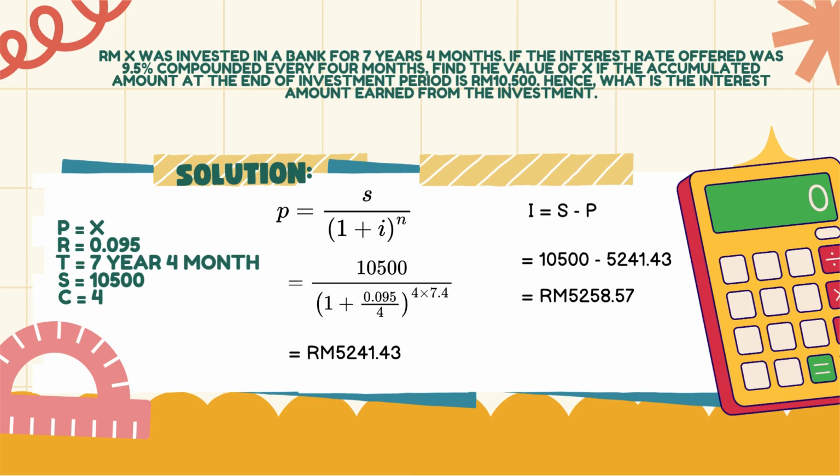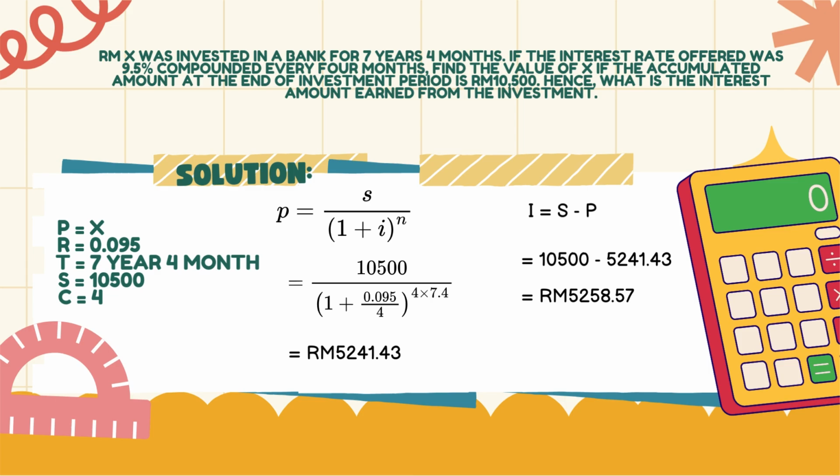So we're going to use the compound interest formula, which is P equal to S per in bracket 1 plus I power of N. We just need to fill in the amount and you get P equal to RM 5,241.43. And do not forget that the question also asks us to find the interest amount earned from the investment.